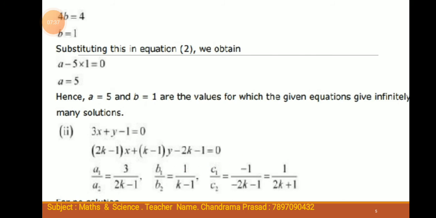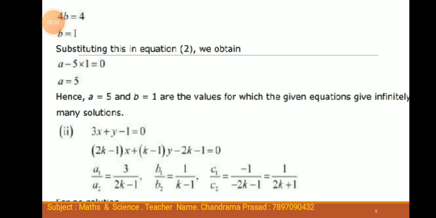Therefore, a1 by a2 equals 3 divided by (2k minus 1), b1 by b2 equals 1 divided by (k minus 1), and c1 by c2 equals 1 divided by (2k plus 1).